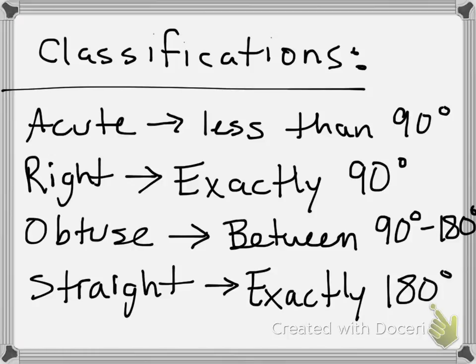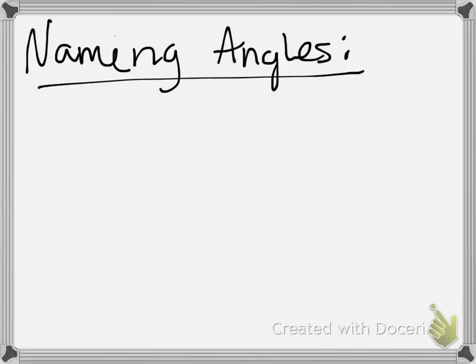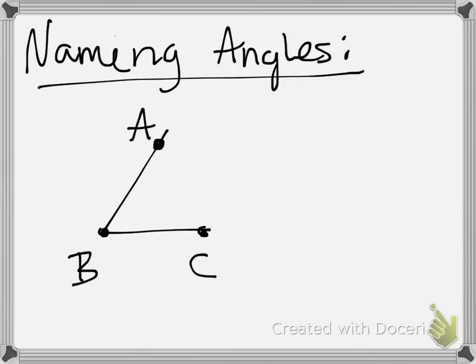Okay? Those are going to be the classifications of angles. Next, we are going to talk about how to name an angle. Alright, so for naming angles, let's say we have this angle right here. Call this point A, point B, and point C. To name an angle, we start at any particular point, as long as it's not the vertex, or in other words, where it meets, and we just follow that path.